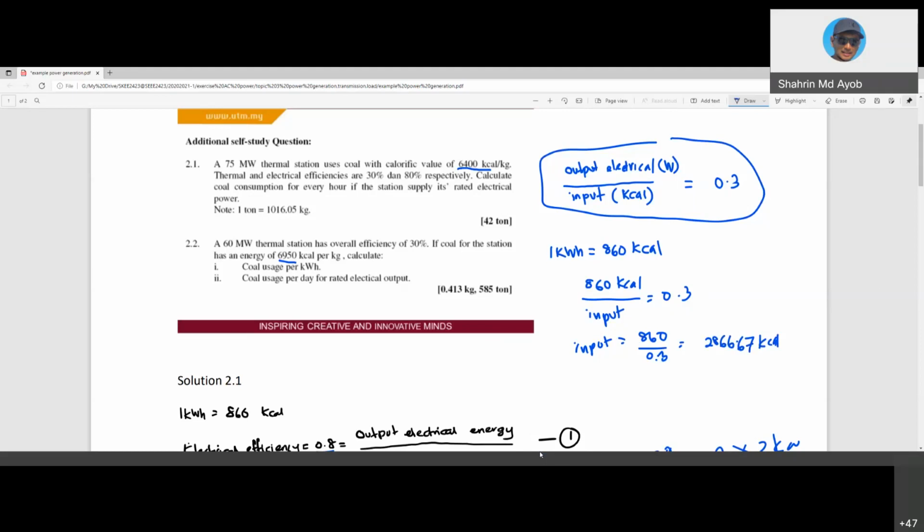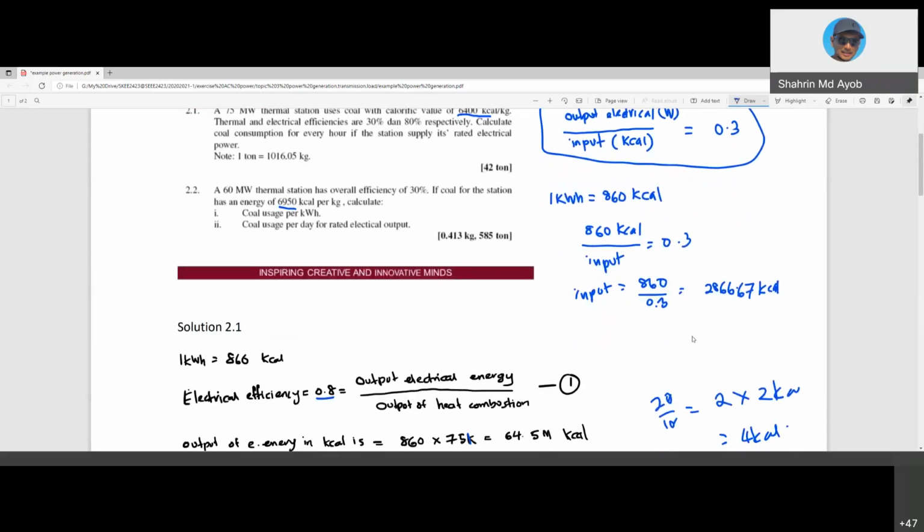Right now this is the energy from the burning of the coal, 2866.67 calories. Then from that you have this information: this station can generate 6,950 calories per kilogram.